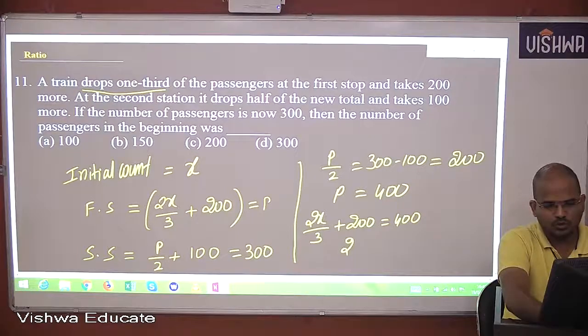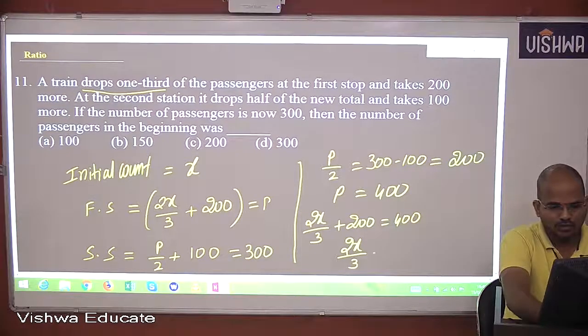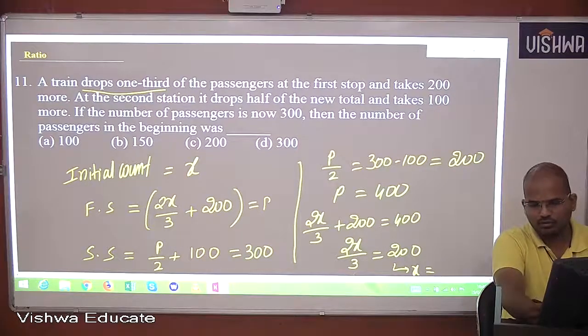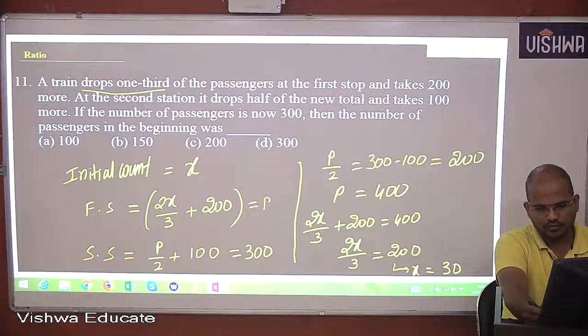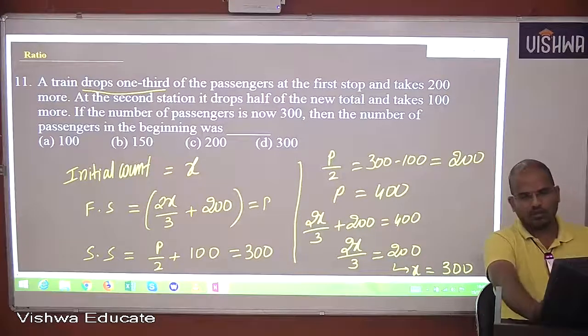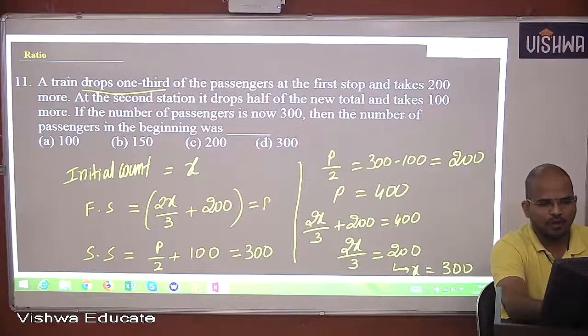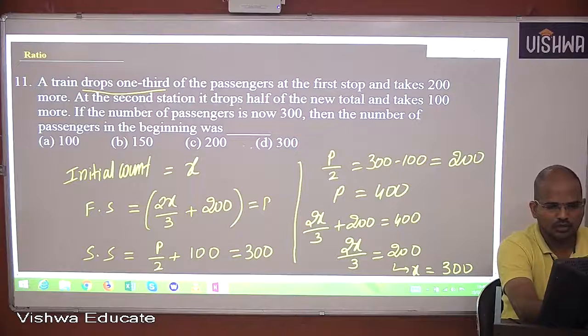So 2x by 3 would be 200. So from this, x would be 600 by 2, that would be 300. So the number of passengers in the beginning was 300.